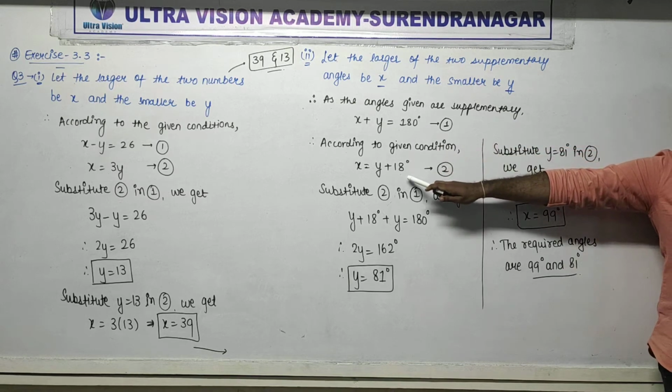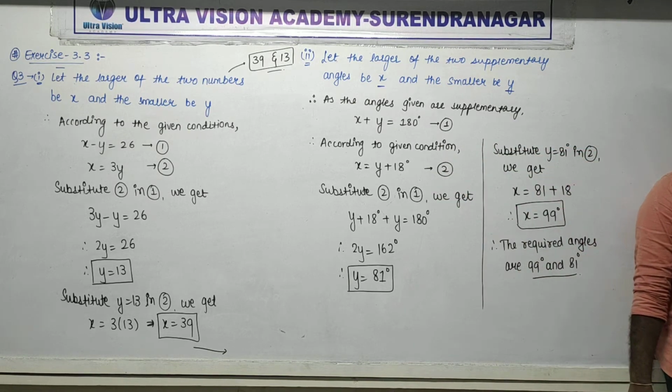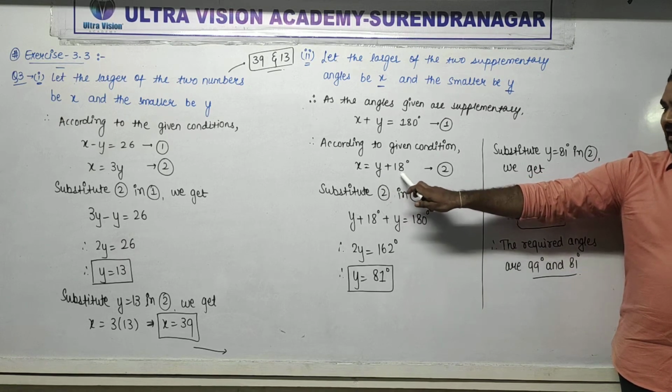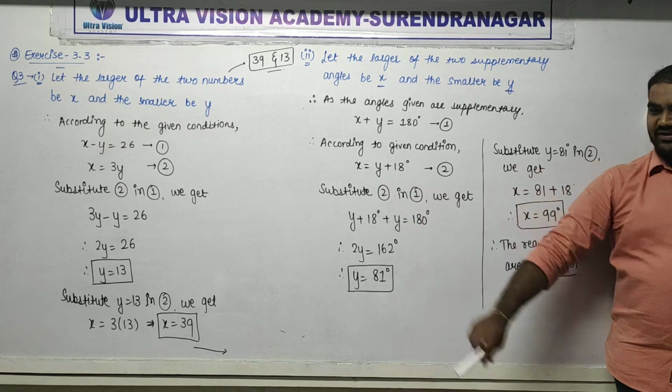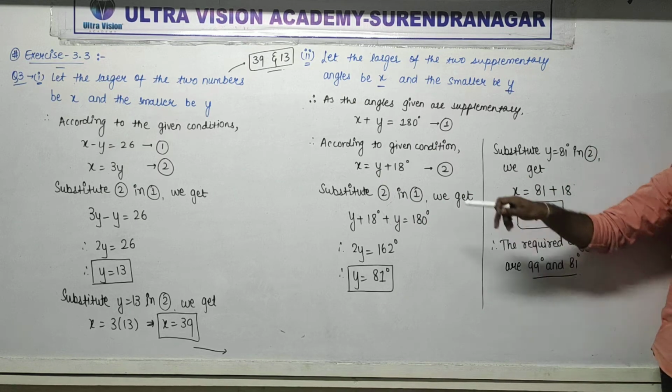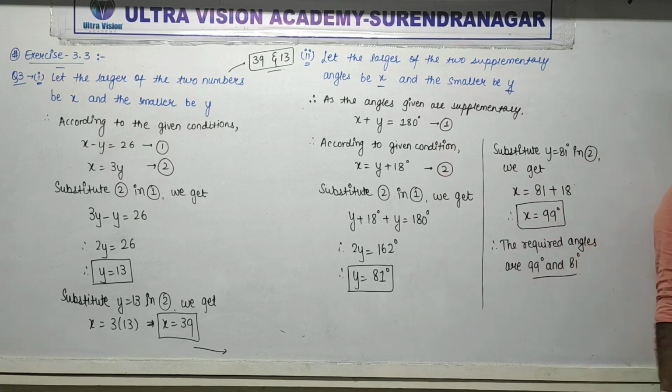Yes. Is 99 equal to 81 plus 18? If I put 81 here and add 18 to that, I shall get 99. So we are getting a check for both the values in equations 1 and 2. So the values we got here are correct. Clear?